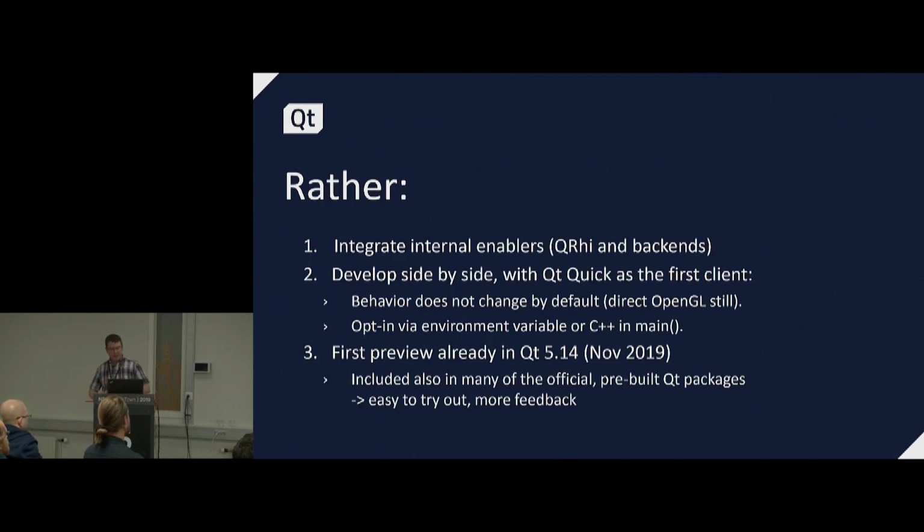So instead, what we've been doing is that when it comes to the Qt Quick port, so forget other parts of Qt, for Qt Quick specifically, we did the ports side by side. So we have both in the code base, and this will ship in November in Qt 5.14. And of course, by default, nothing changed, but you can opt in if you want to, either with an environment variable or also from C++.